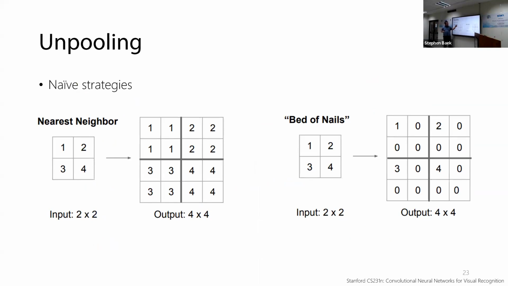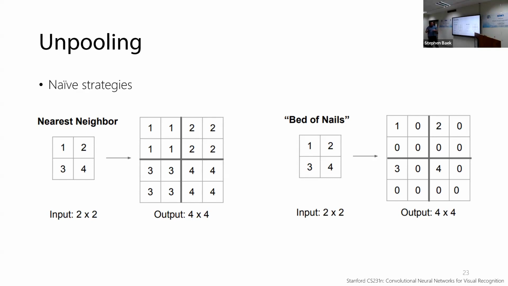For each 2x2 patch, you select either the maximum value, which is called max pooling, or compute the average of those 2x2 pixels, which is called average pooling. But the reverse process is not really straightforward.